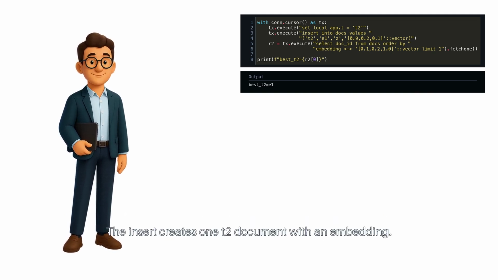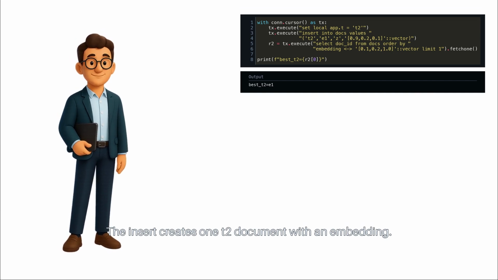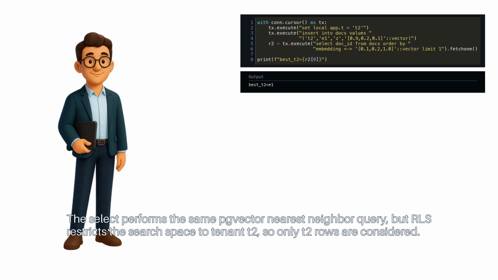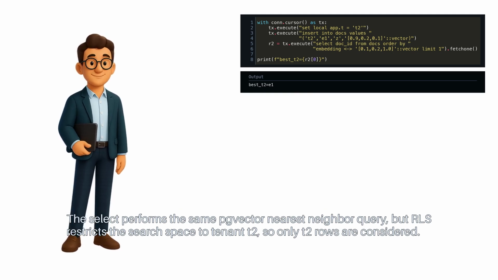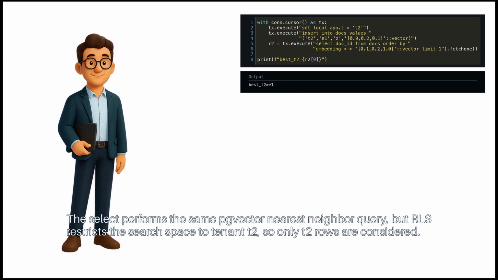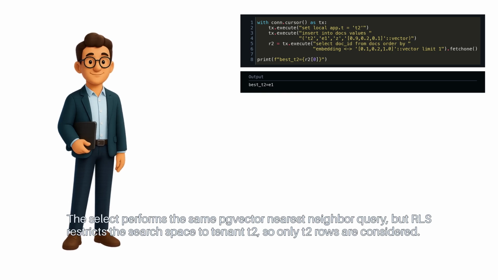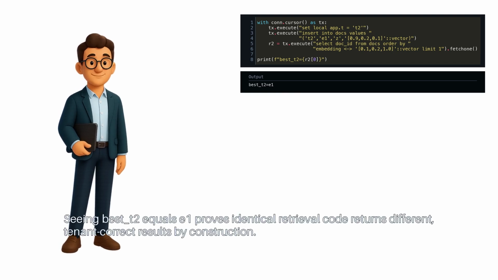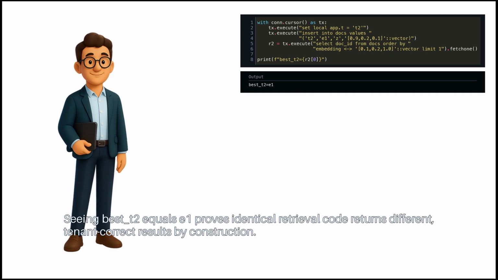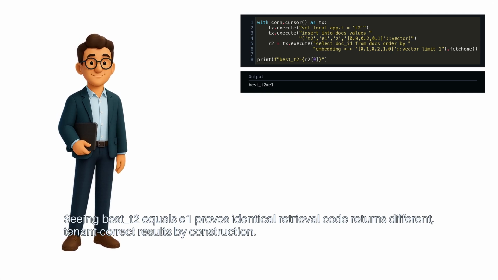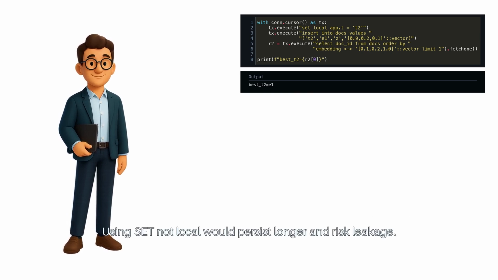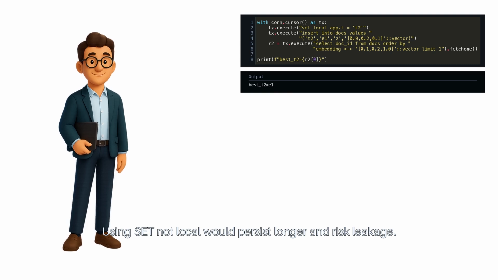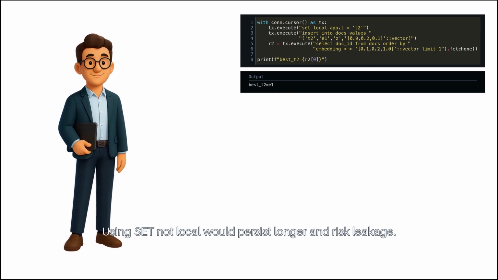The insert creates one T2 document with an embedding. The select performs the same pgvector nearest neighbor query, but RLS restricts the search space to tenant T2, so only T2 rows are considered. The fetch1 result is printed. Seeing best T2 equals E1 proves identical retrieval code returns different tenant-correct results by construction. Using set, not local, would persist longer and risk leakage.